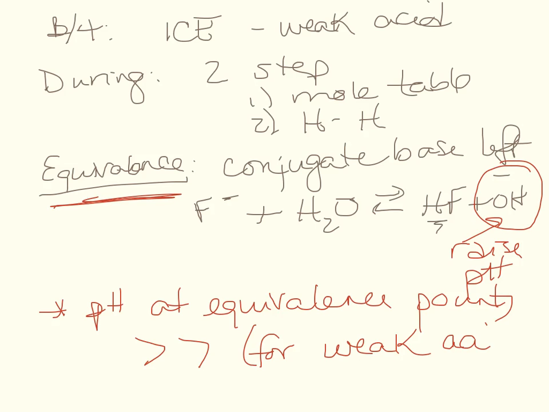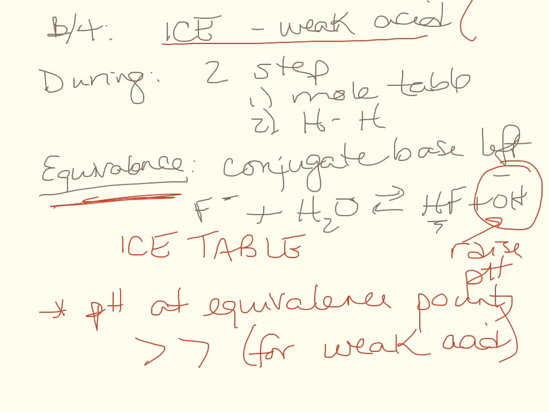So to calculate the pH at this point, you need another ice table. But in this case, instead of using the Ka as you would for a weak acid before the titration, now we have a base, so we need Kb. So let's go ahead and go to the next page and work this problem out.